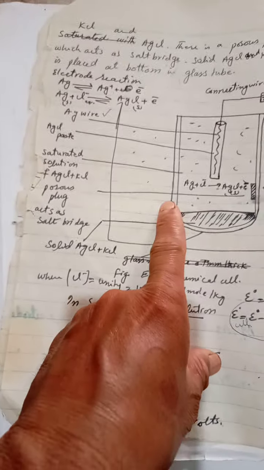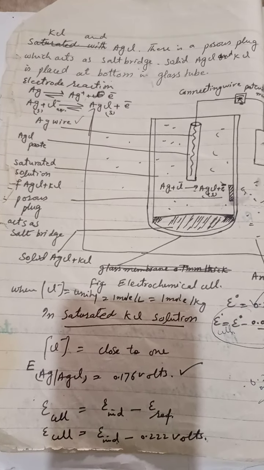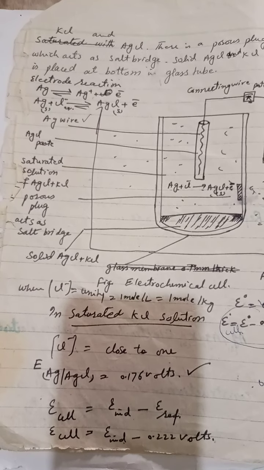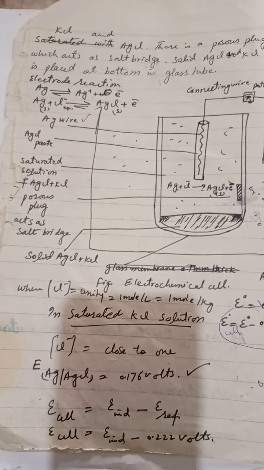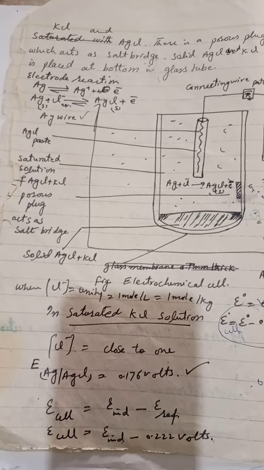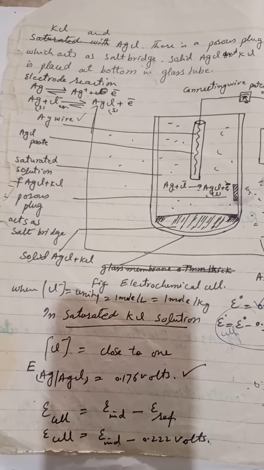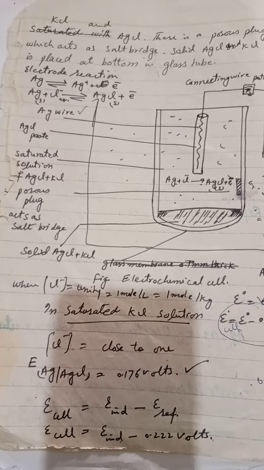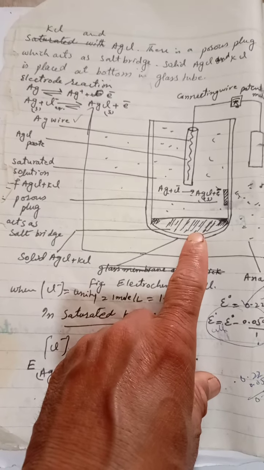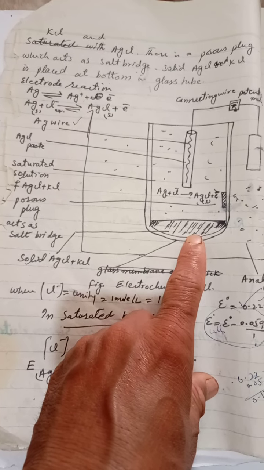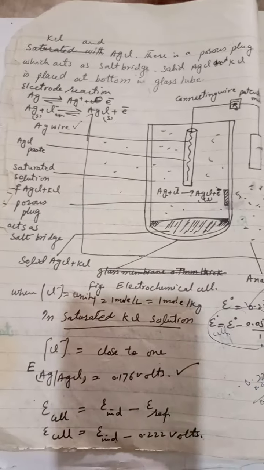This is the whole glass tube. This porous plug acts as the salt bridge. This is solid AgCl plus KCl.